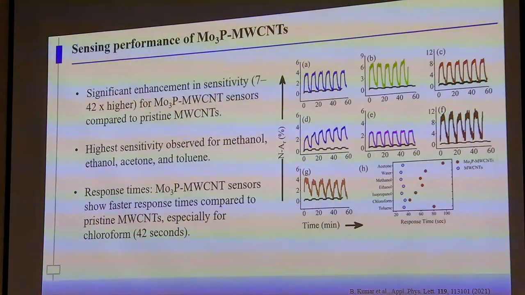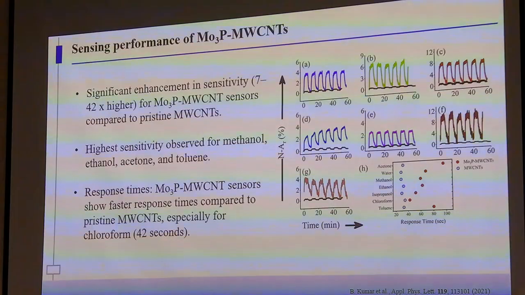And finally, we examined different analytes here. So we checked acetone, water, methanol, ethanol, isopropanol, chloroform, and toluene, different compounds. And we have seen that it can differentiate within these volatile organic compounds.